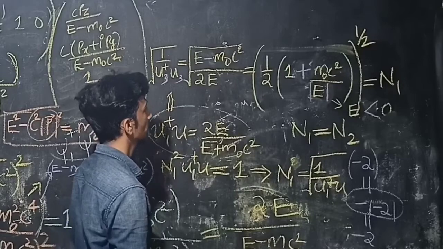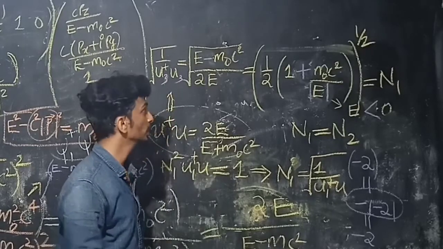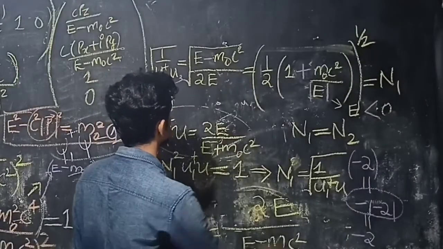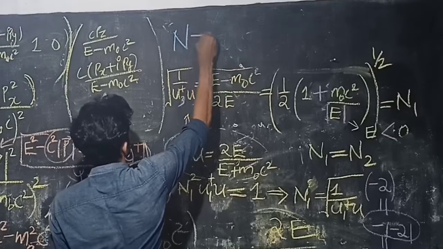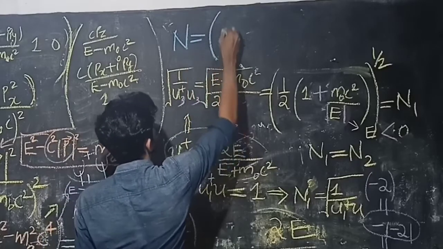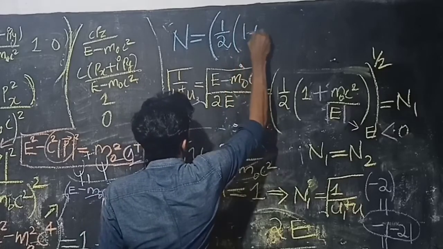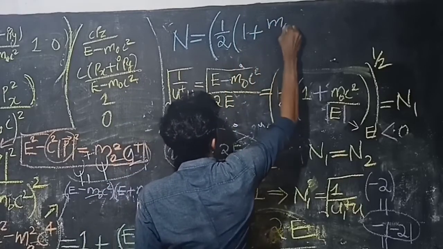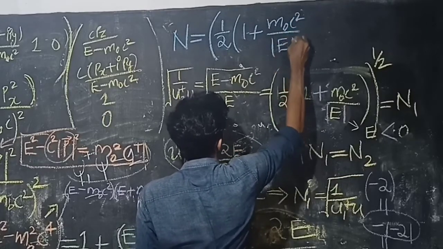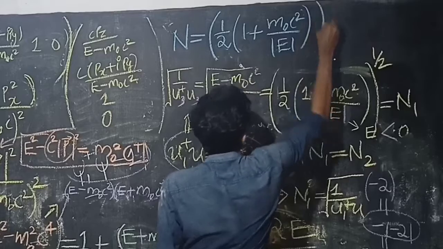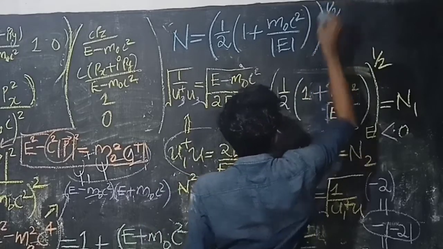So in general, you can write the normalization constant for u1, u2, u3 and u4 spinors as this. In general, you can write the normalization constant for all spinors as 1 over 2, times 1 plus m naught c square over magnitude of energy, raised to 1 by 2.